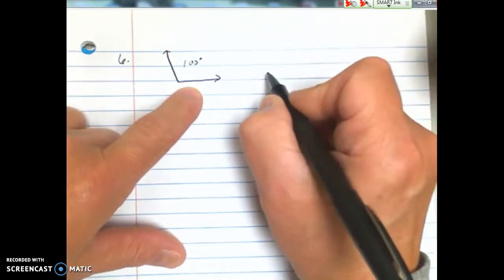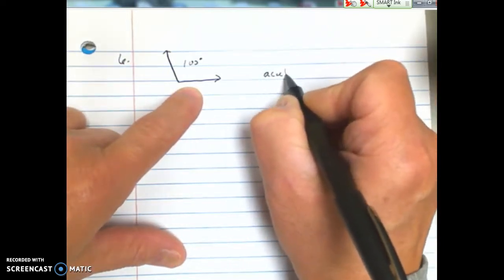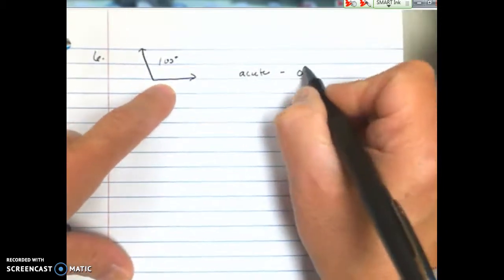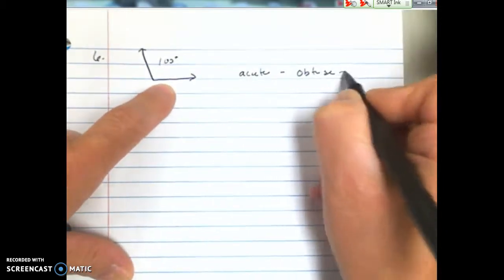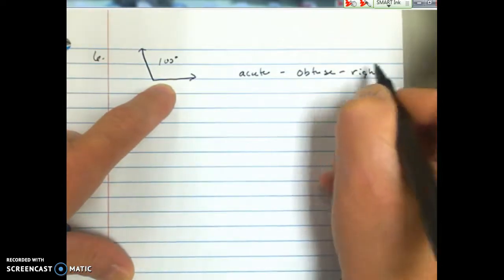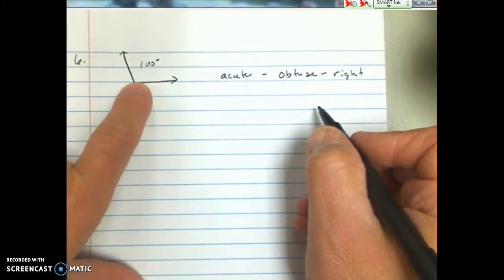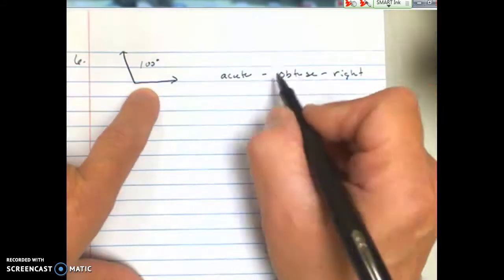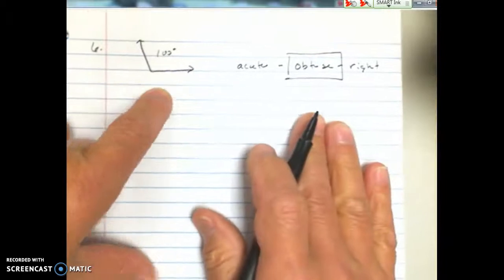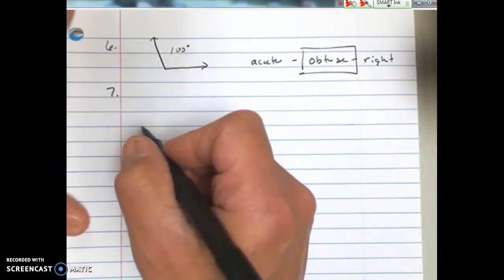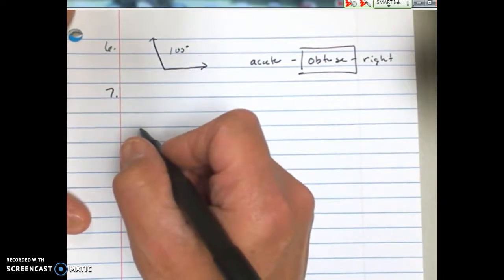And so our choices are acute, which means less than 90, obtuse, which is more than 90, or right, which is exactly 90. So in this case, what kind of angle is that? It's more than 90, so it's an obtuse angle. Box it in.